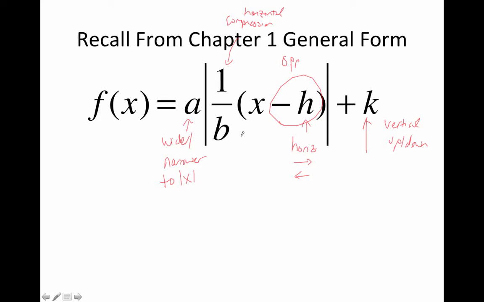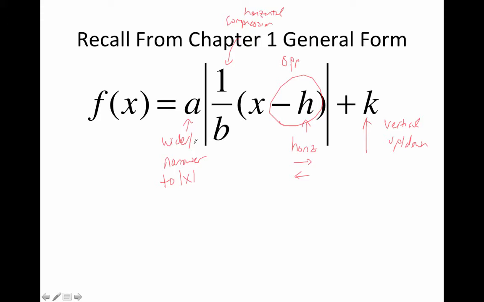Really, just in tandem, the A and the 1 over B, they work hand in hand to stretch out or compress the V. Not a big deal. I just want to work that in because you'll see some problems where there's a 1 over B, where there's a number inside the absolute value symbol. Sometimes you'll see numbers where it's outside. But they work hand in hand in terms of making the graph either narrower or wider.